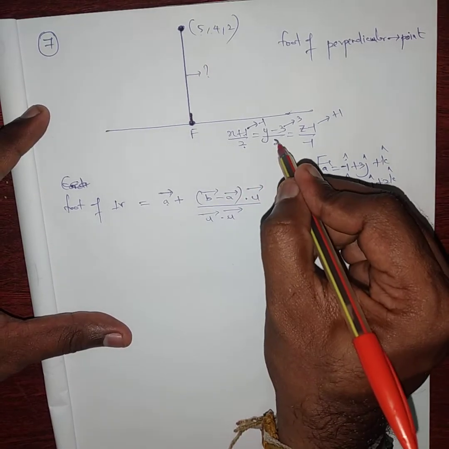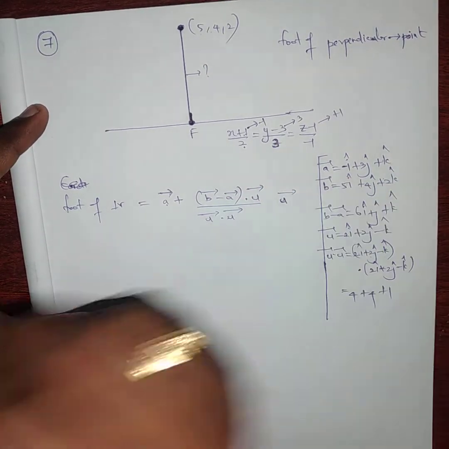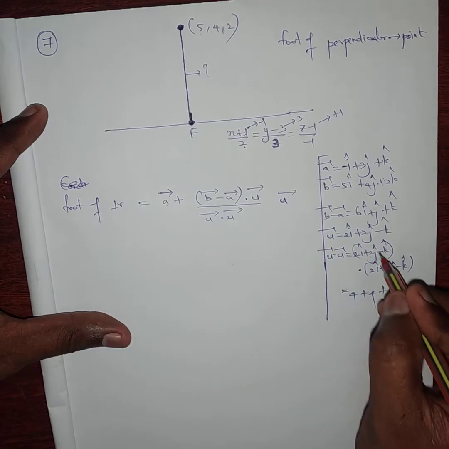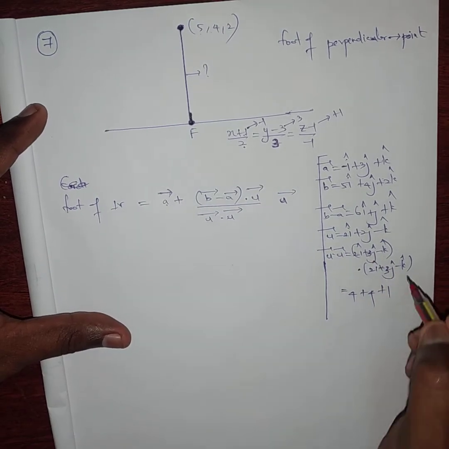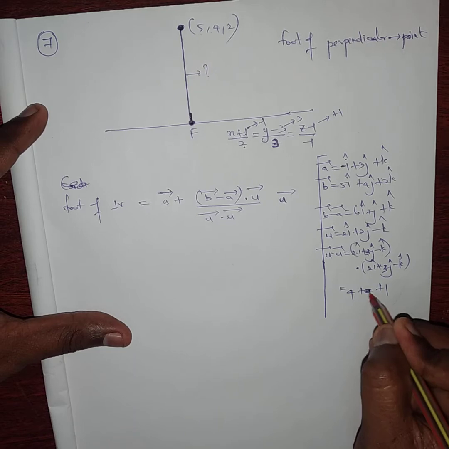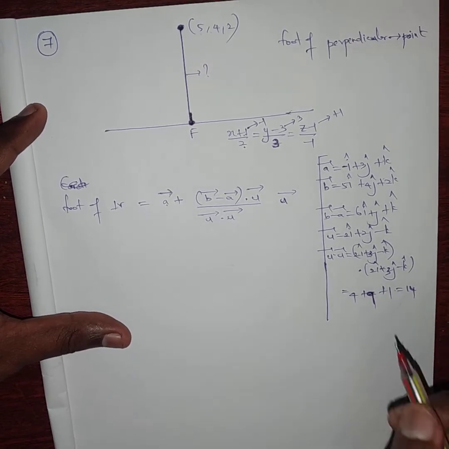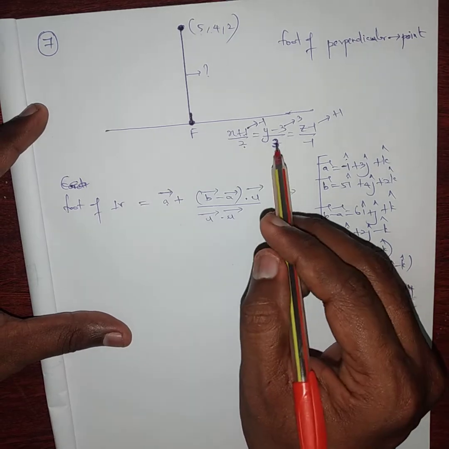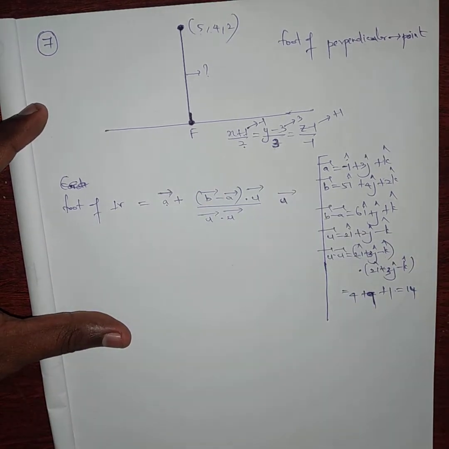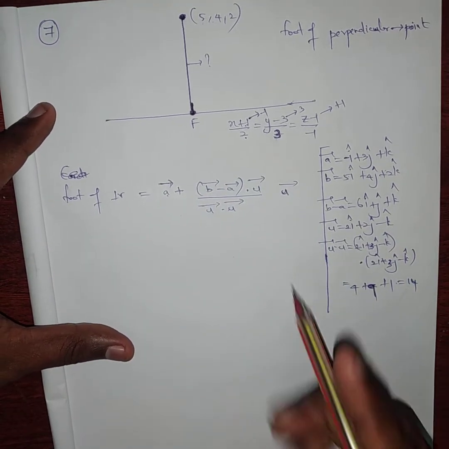Here the question has 3, so the vector is 2i + 3j - k. So I need to put 3 here. 3 3s are 9. So the answer is 9, 10, 14. The answer is 14 because the question has 3. I wrote 2 but the question has 3. So it is 14. I found u dot u.